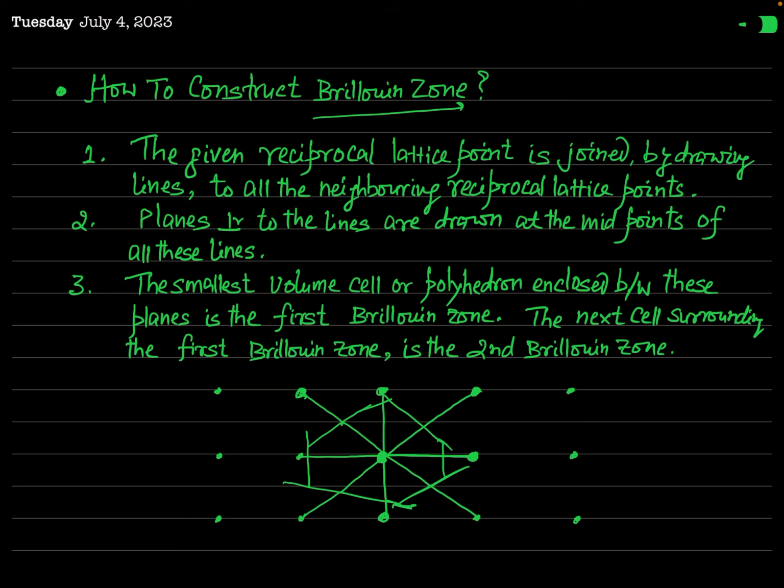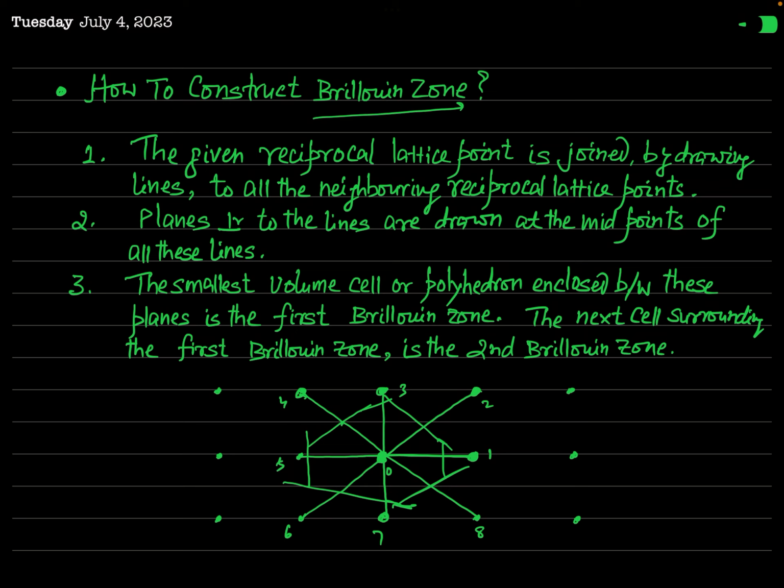This is the first reciprocal lattice point which is closest to this reciprocal lattice point lying at O. This is the second, this is the third, this is the fourth, this is the fifth, this is the 6th, this is the 7th, this is the 8th. Okay.